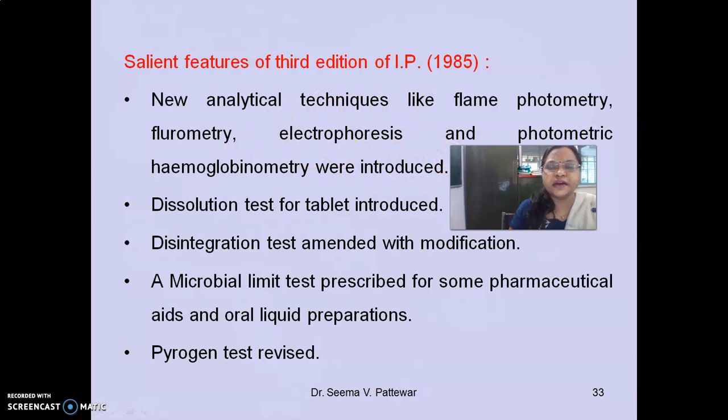Electrophoresis is again a separation technique by which protein molecules and DNA can be separated and analyzed. And photometric hemoglobinometry is for the detection of hemoglobin in the blood. So these are the new techniques introduced into the IP 1985.